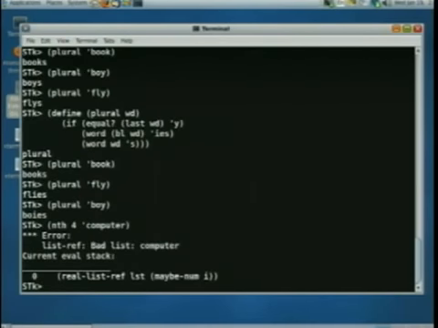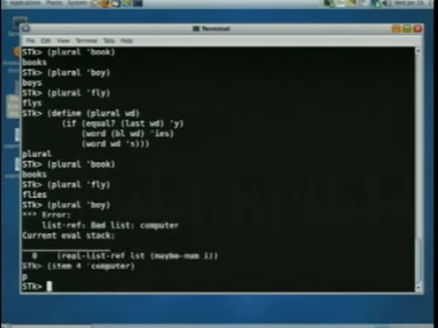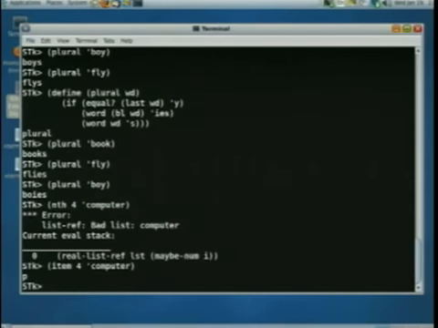Nope. Whoa. That's interesting. Maybe I'm wrong. Maybe there isn't one, for words. Good question. Oh, there's item. Let's try that. Item for, quote, computer. Yeah, there we go. Item. Oh, yeah. Thank you for reminding me.